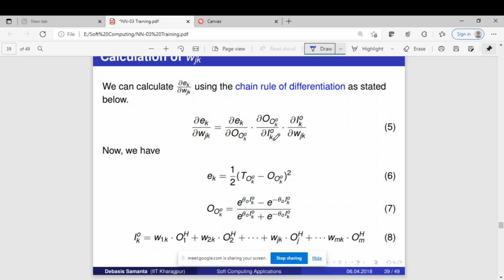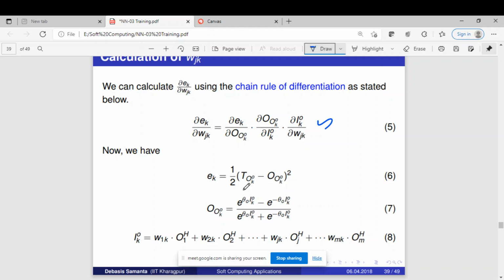So E_k is nothing but what? Let us assume E_k is represented as the target output minus observed output. You can call it either observed output minus target output or target output minus observed output. Both are same.